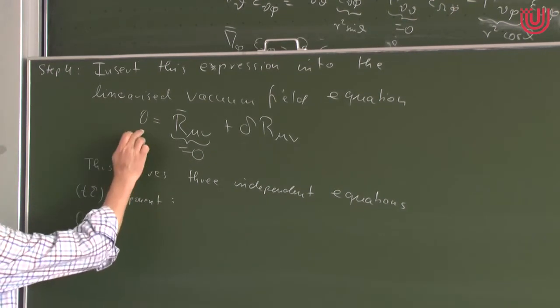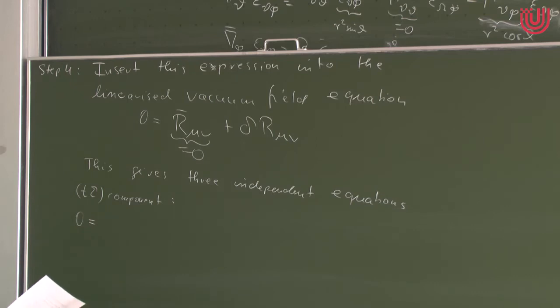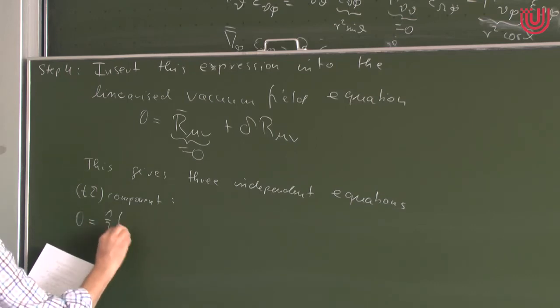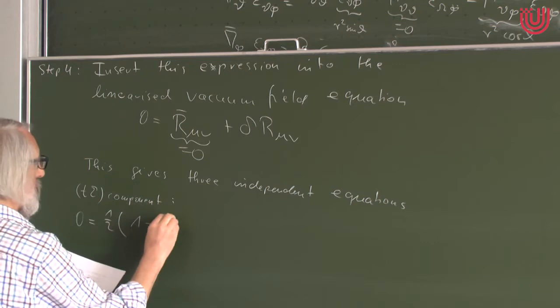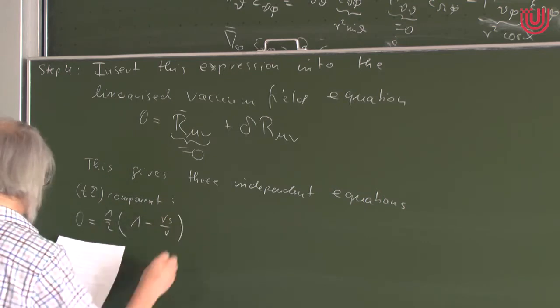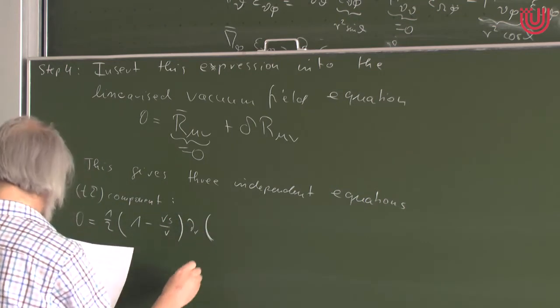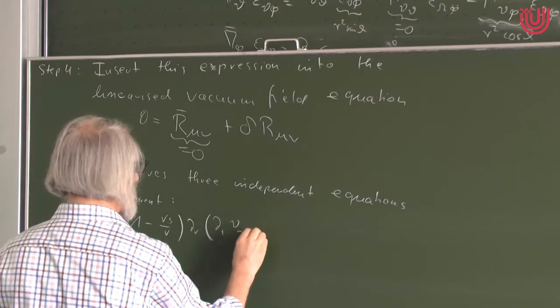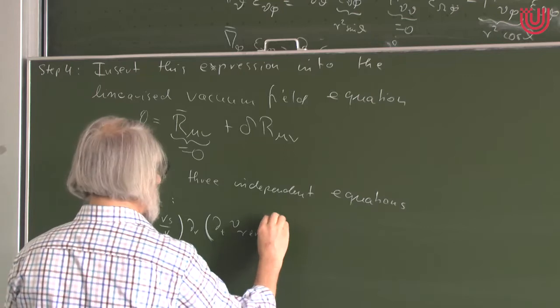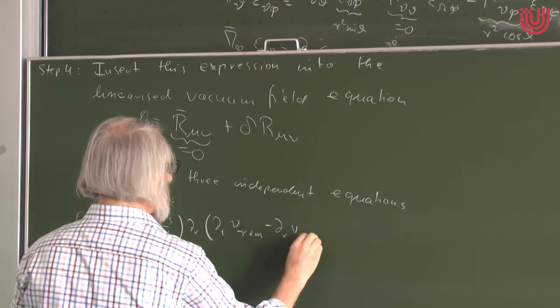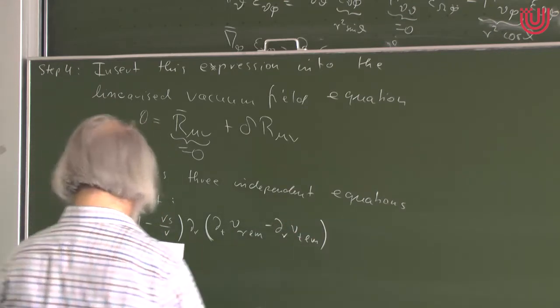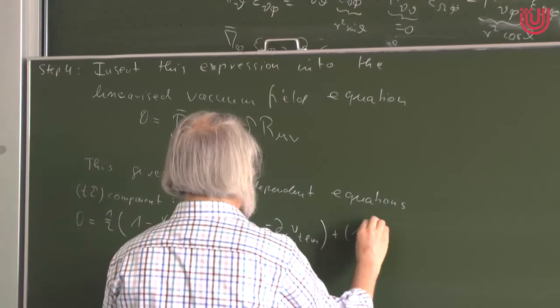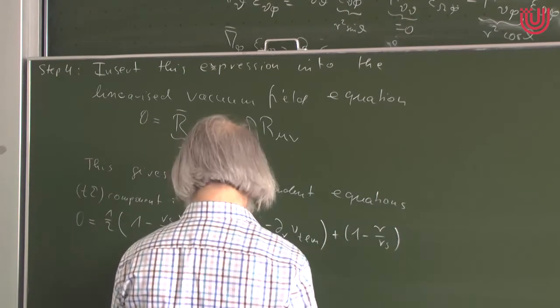It's 0, and on the right-hand side we get 1/2 times (1 minus Rs over r) times [dr dt V_rlm minus dr d_t T_lm] plus (1 minus r over Rs).